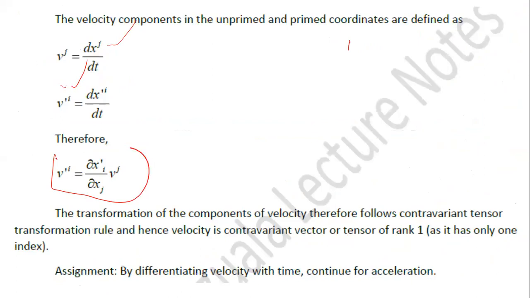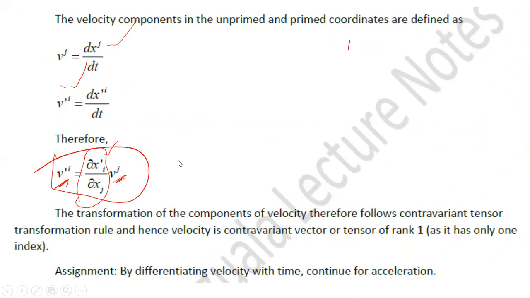Therefore, we can conclude that this is equal to this. That means the component of velocity in unprimed and the component of velocity in primed follow this transformation rule, such that the transformation coefficient involves the prime coordinate variable in the numerator and unprimed in the denominator.